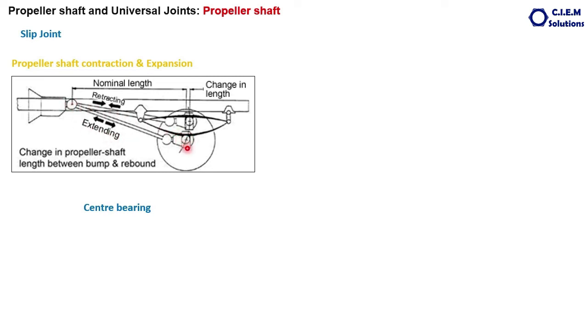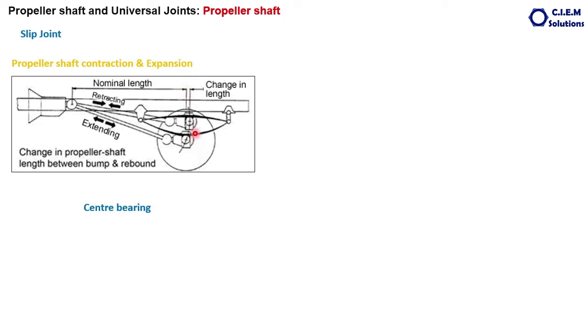At this point, this is the fully extended distance. Measure this distance. It is up to here. When the bump comes, when the wheel goes up, the distance varies. The distance in fact retracts, shortens.